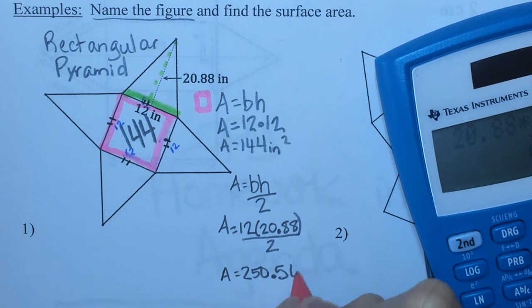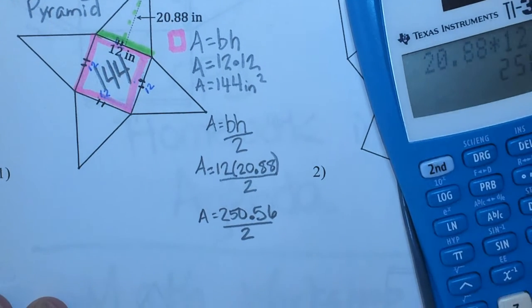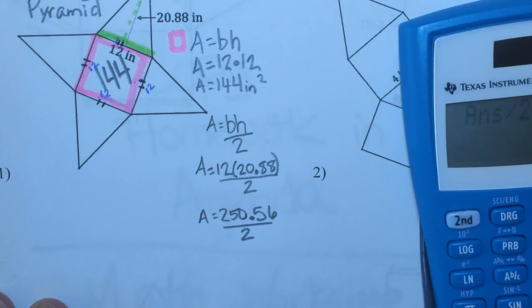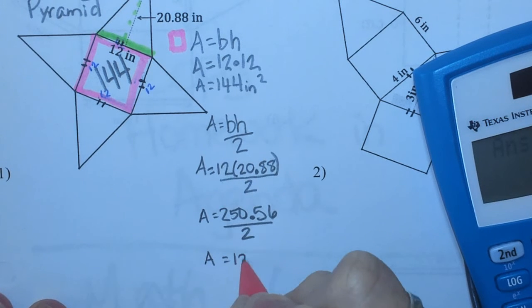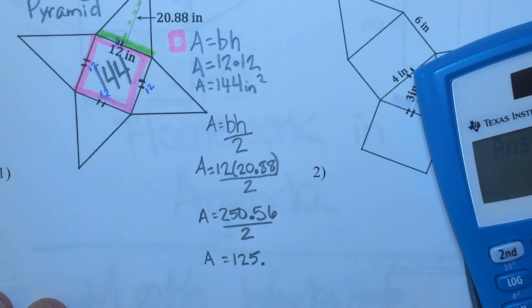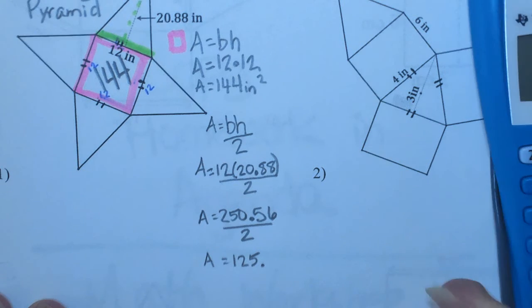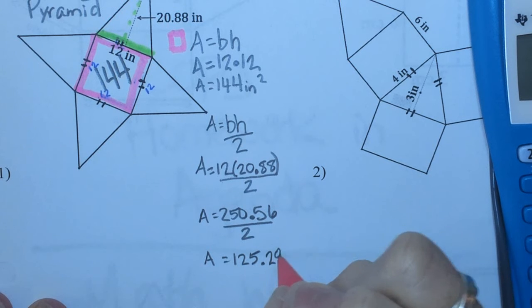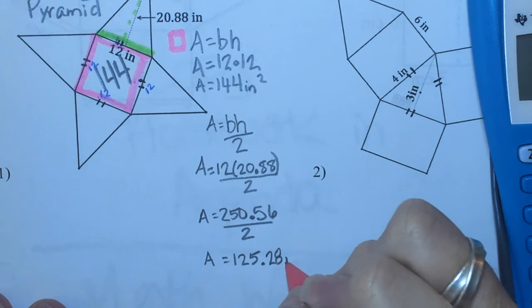You got to copy that 0.56. Divide by 2, 125.28. Sometimes you actually need to move the calculator in the light just to see where the decimal is. Some of you aren't copying the decimal, is the other thing I noticed this weekend.